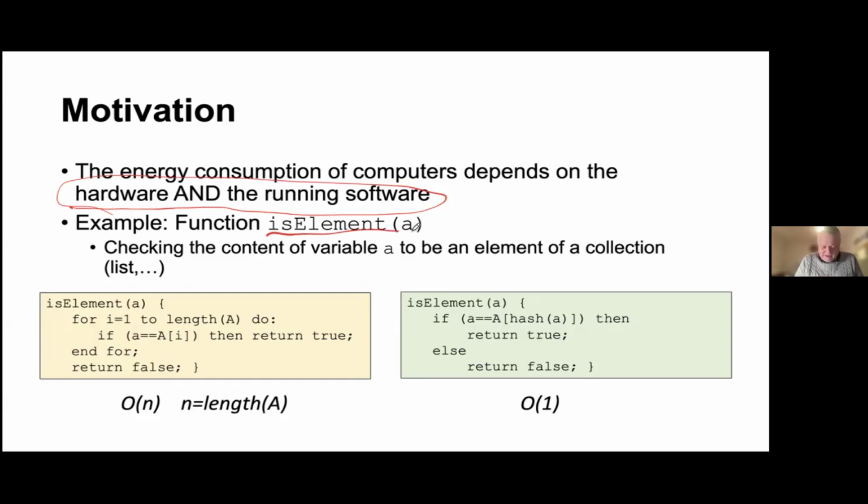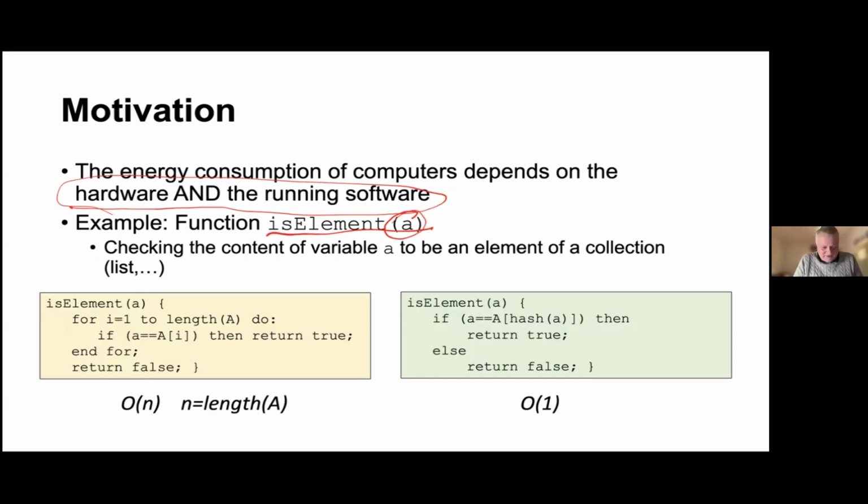Here is a function isElement that takes an arbitrary variable that holds any value, and it should deliver true if this element we are passing to the function is in a list or in a collection in general, and false otherwise. So it's a very simple function.